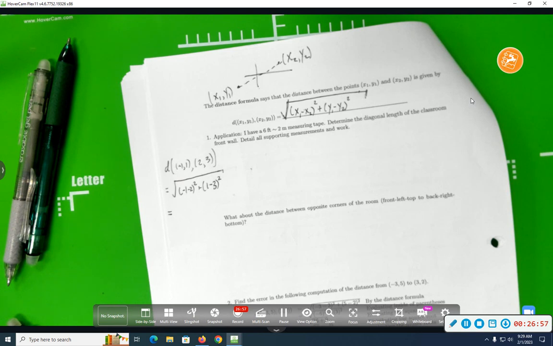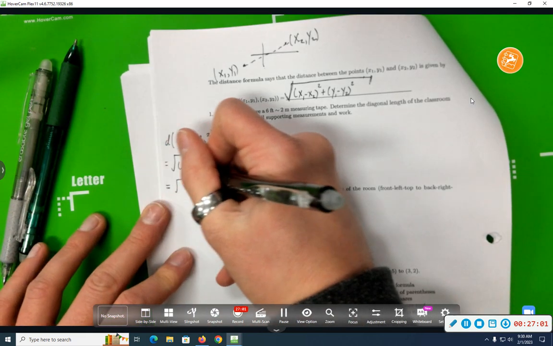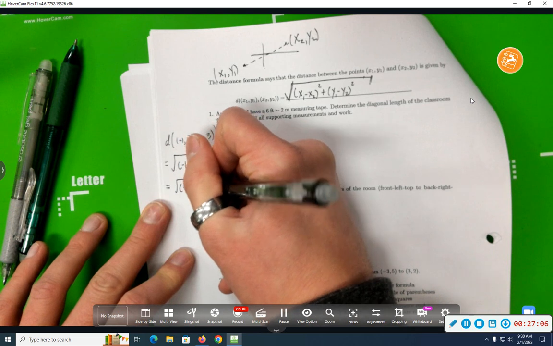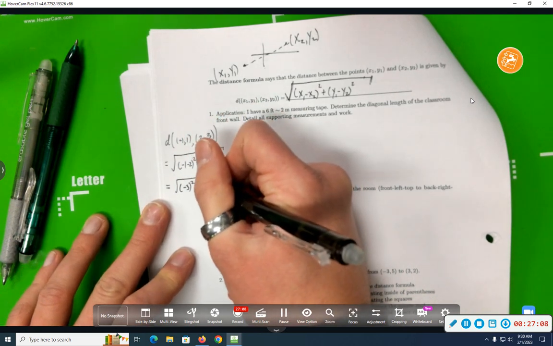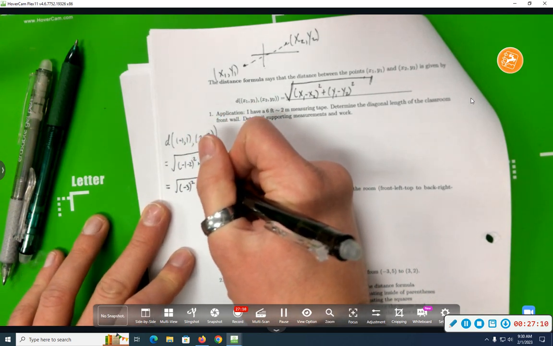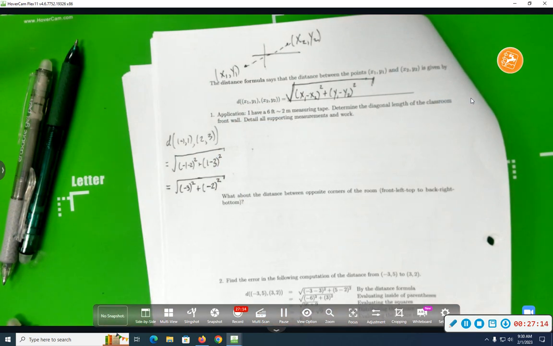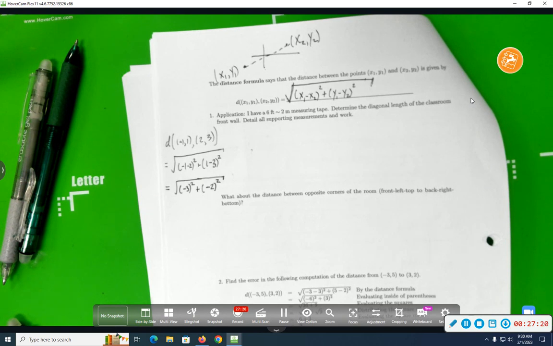Right? Take a negative and you subtract from it, it becomes more negative. Square root of parentheses -3 squared plus 1 minus 3, -2 squared. So notice, because we subtracted in the order that had the smaller things coming first, we wound up with negatives inside of the parentheses.